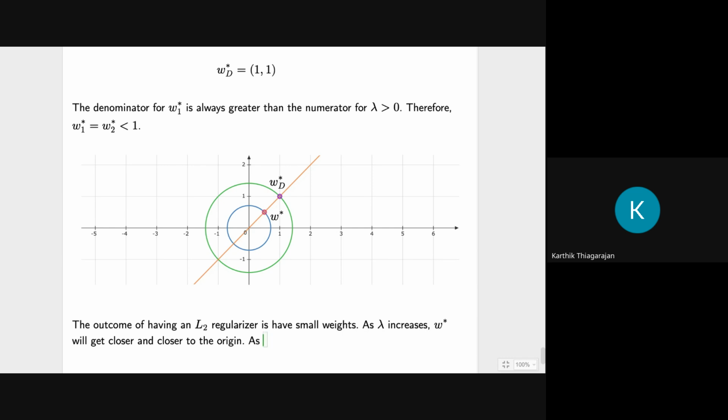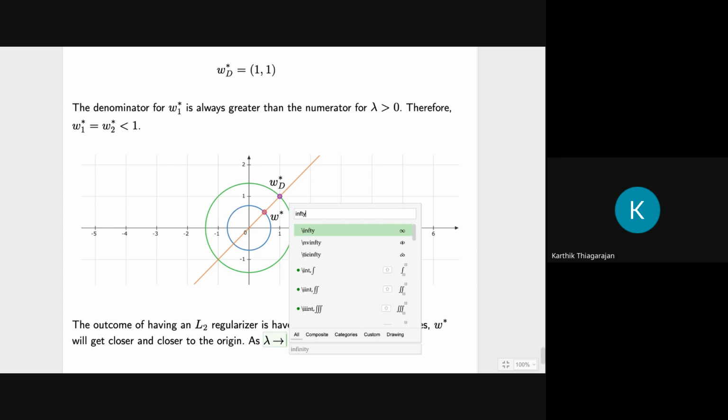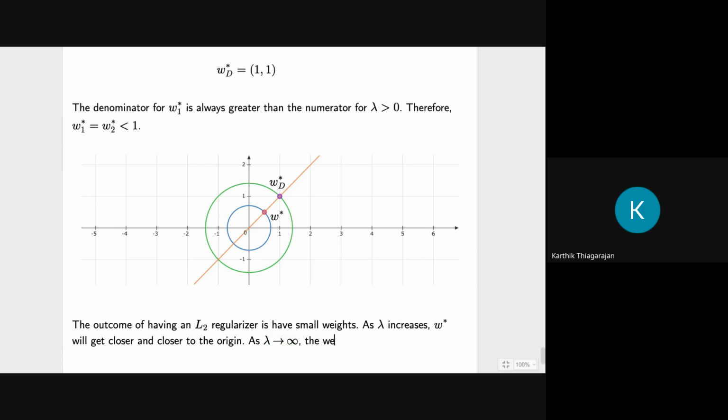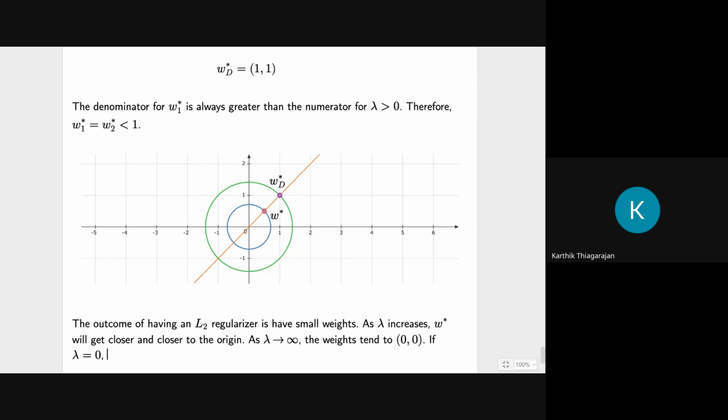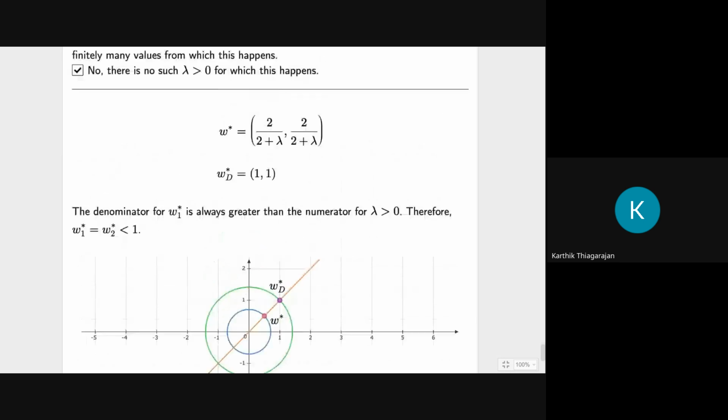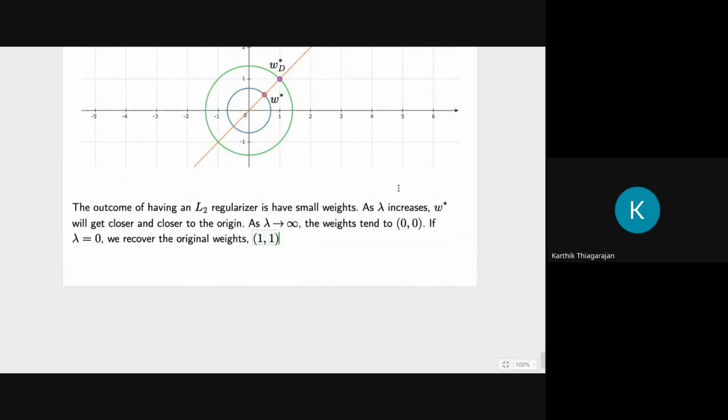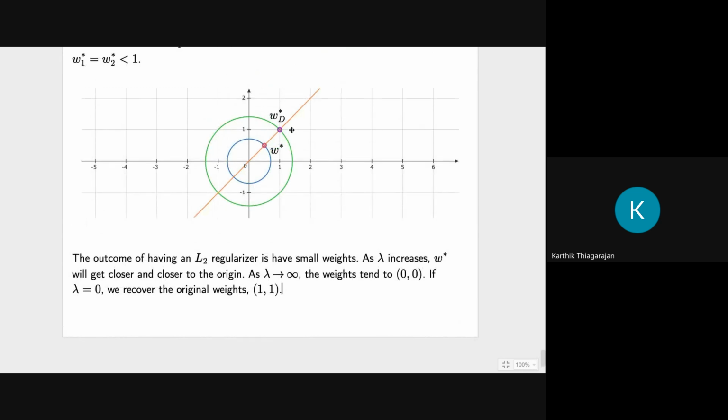So as lambda tends to infinity, the weights tend to 0, 0. And you should also note that if lambda is equal to 0, meaning no regularization, we recover the original weights, which is 1, 1. So this is the lambda equal to 0 case, no regularization.